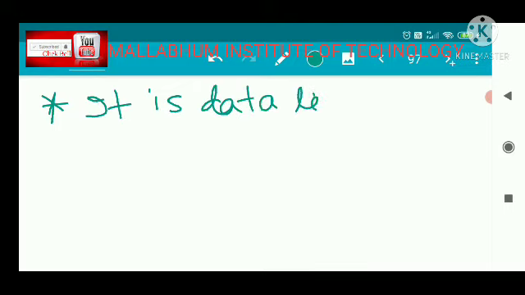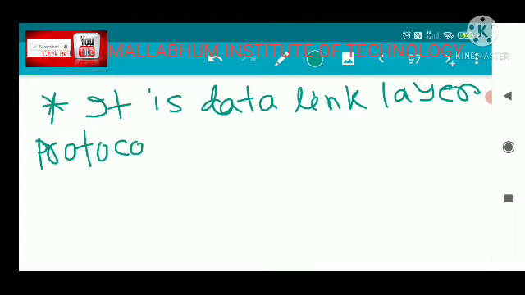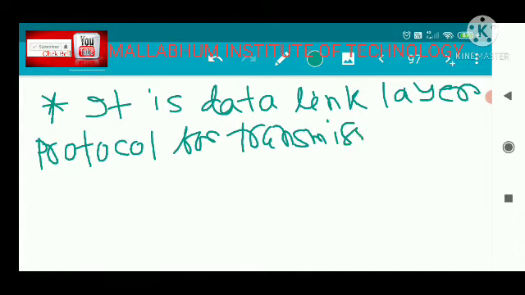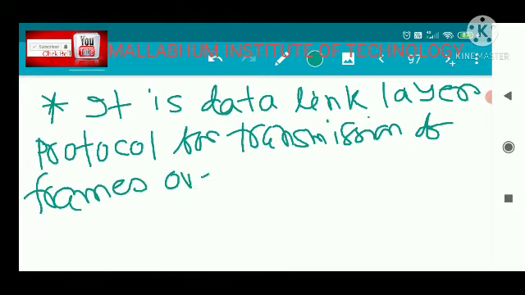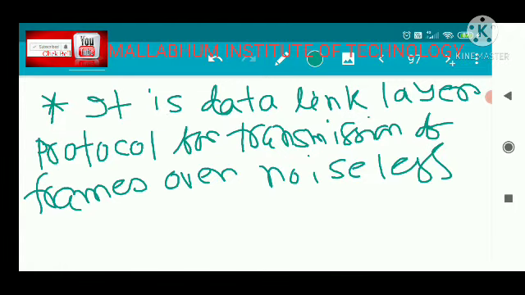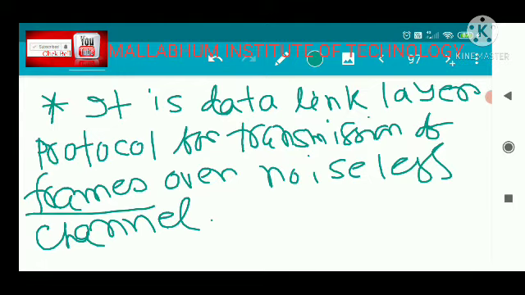In the stop and wait protocol, the first characteristic is that it is a data link layer protocol for transmission of frames over a noiseless channel.